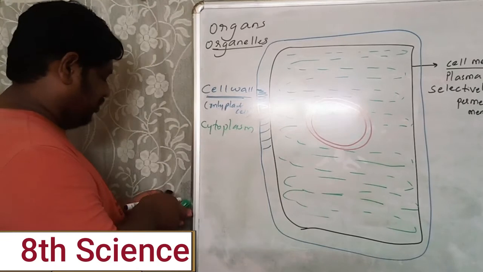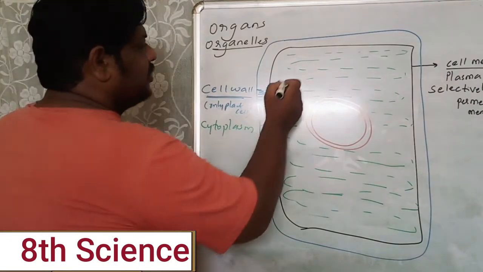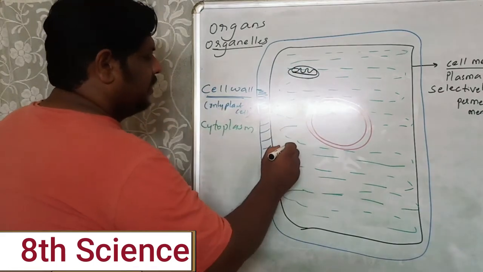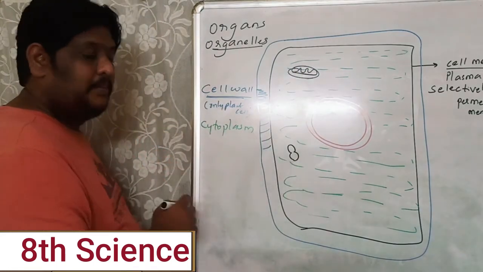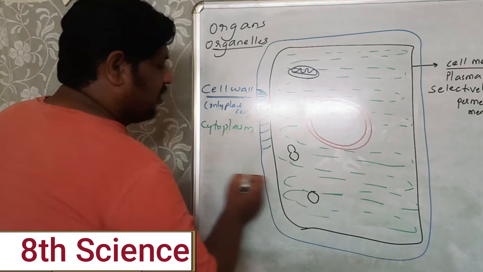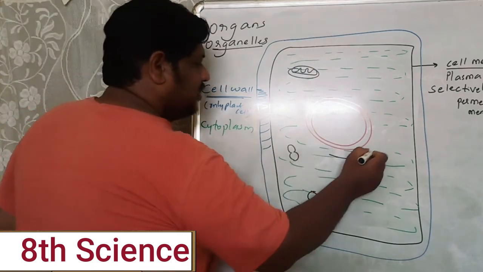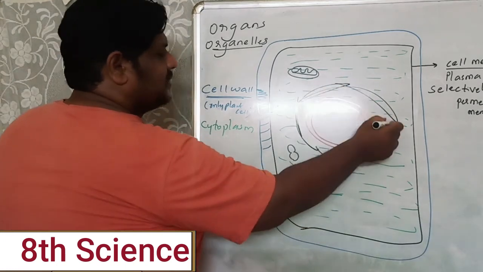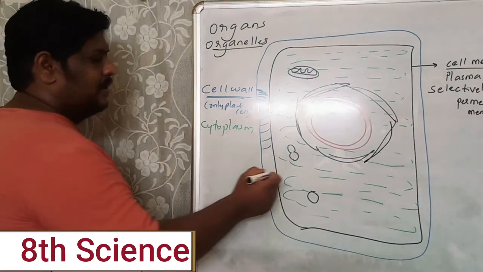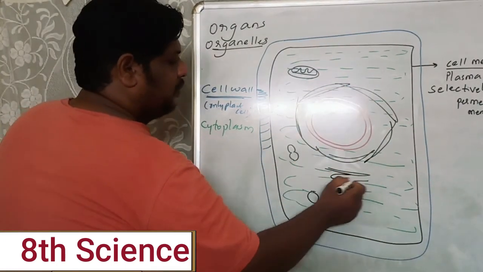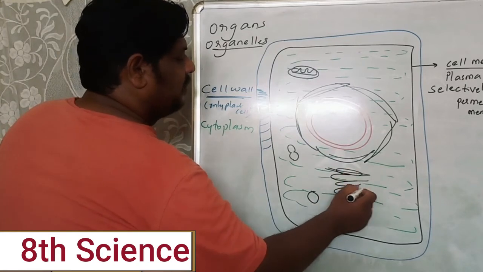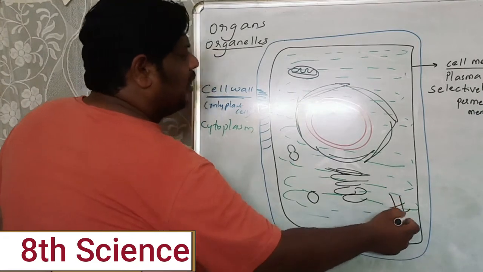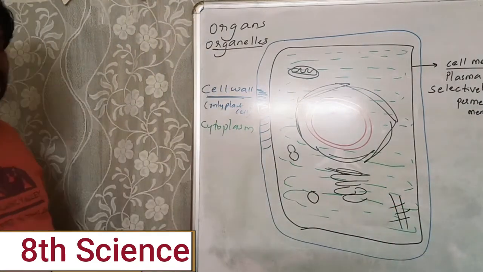To know more about the cell, there are some other organelles. I'll just draw them, but I'll not explain them now. We have organelles called mitochondria, ribosomes, lysosomes, the endoplasmic reticulum, and Golgi bodies, which have long vesicles, and there is the cytoskeleton.